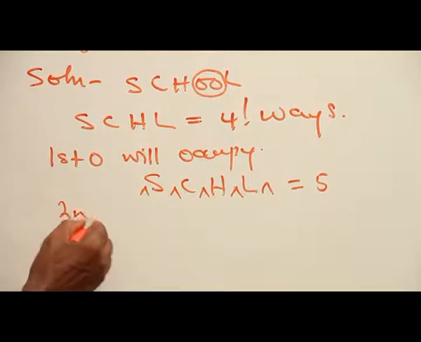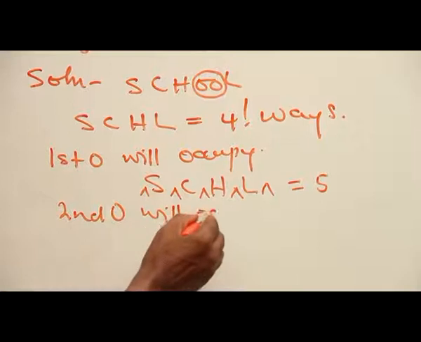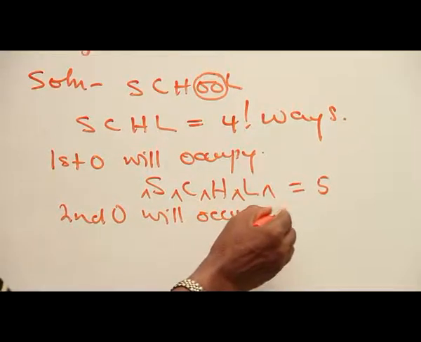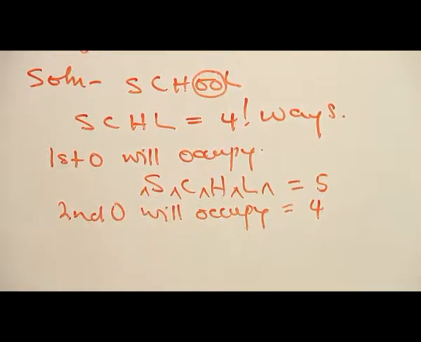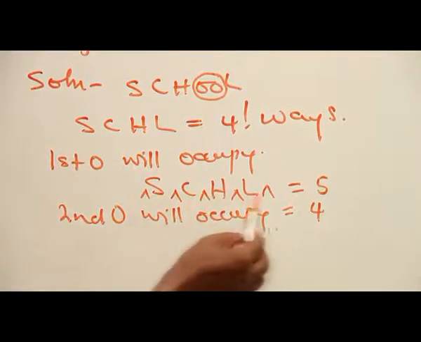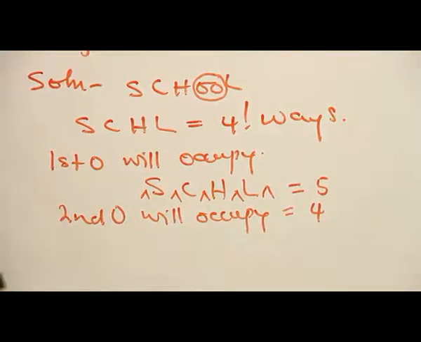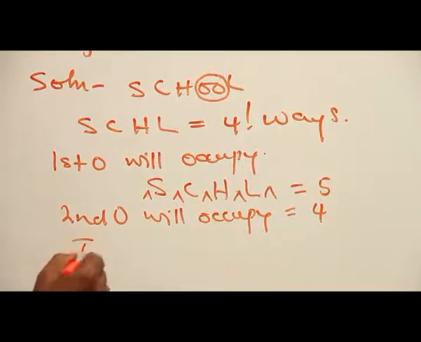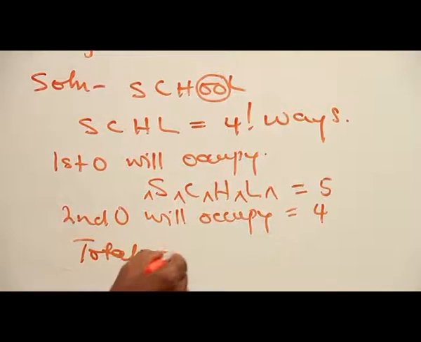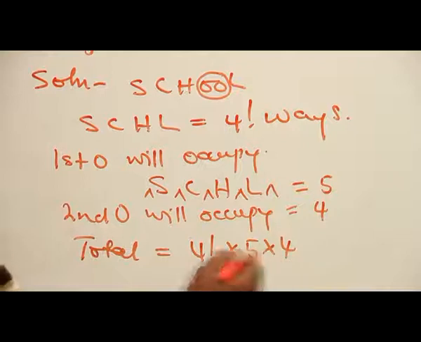Then the second O will occupy the remaining 4 spaces, because one O has taken 1 position out of the 5. So the second O can take any of those positions. At the end, the total number will be 4 factorial times 5 times 4.